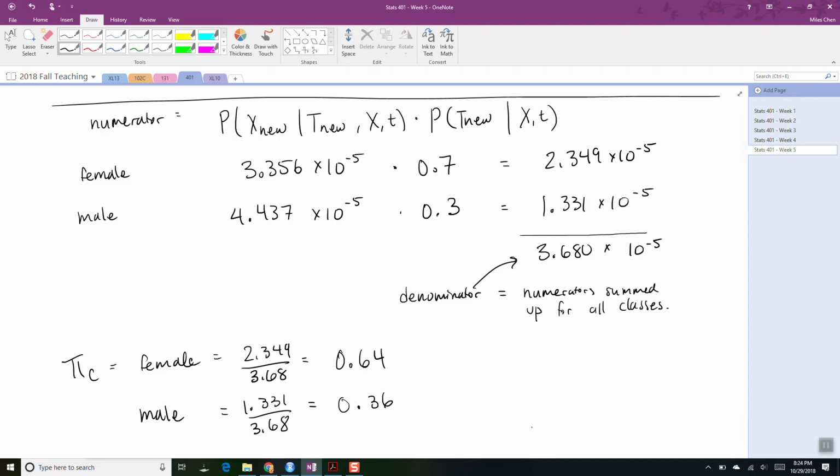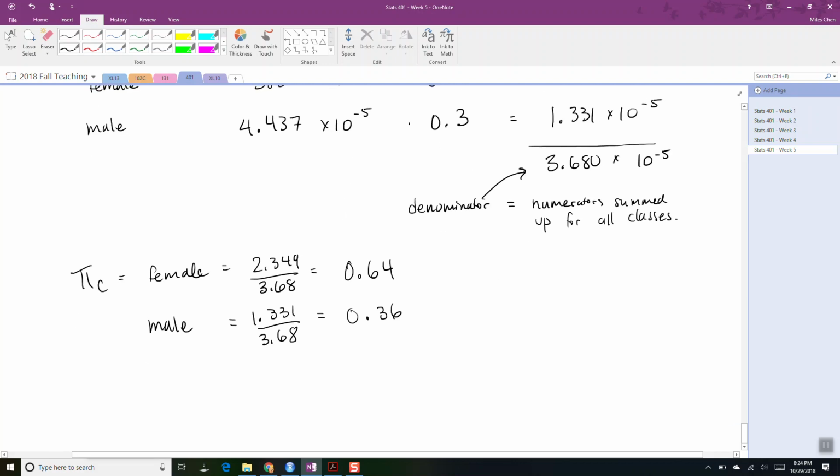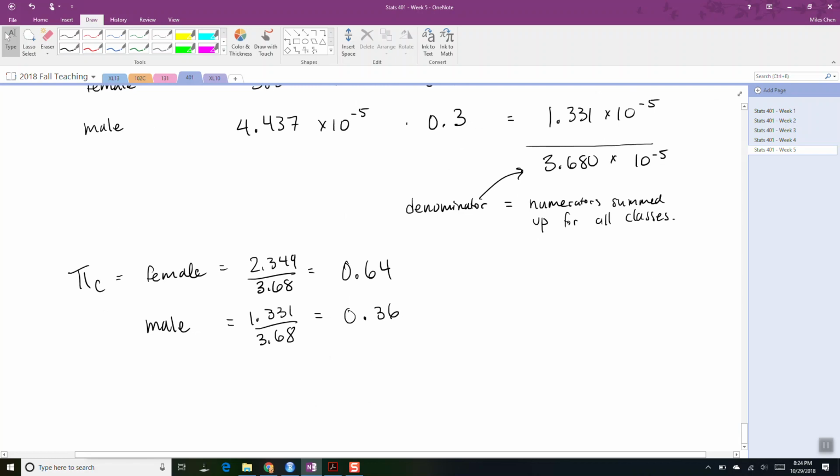Is this okay? This is the Bayes classifier, all right? And the way it works is, for the numerators, we just factor in, if we pretend it belongs to this class, how likely are we to get this value, right? And maybe it's very likely, maybe it's very unlikely, okay? And then we do that for every class.